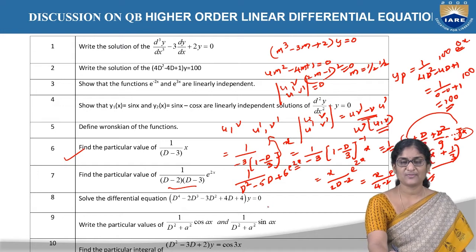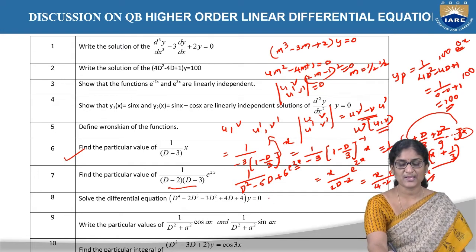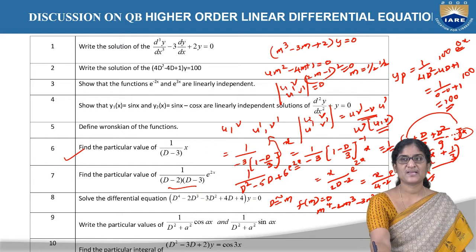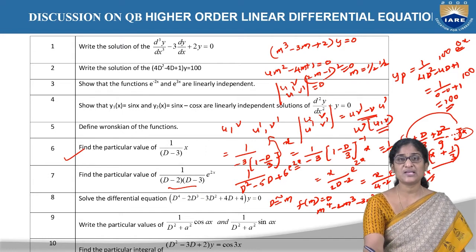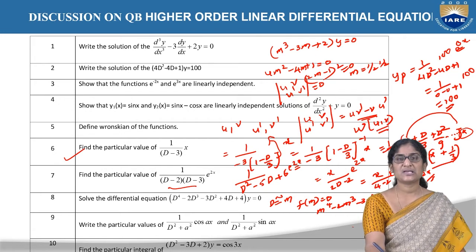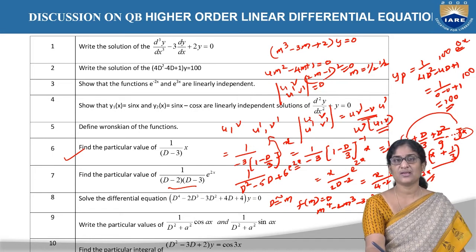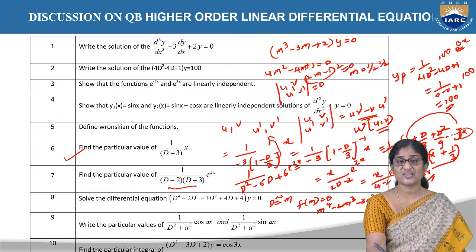The complementary function is obtained by replacing D by m, so f of m equals 0, which comes out to be m to the power of 4 minus 2m cube minus 3m square plus 4m plus 4 equal to 0. It is a fourth degree equation, and you can use the trial and error method to find the first root and synthetic division to find the rest of the roots. So we are going to get 4 roots for this equation.